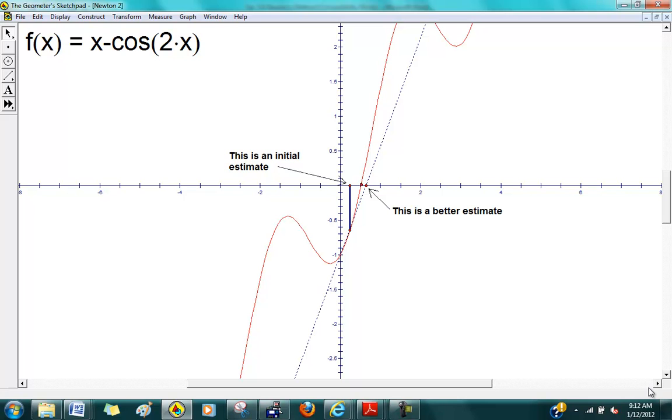So what he suggested is take that initial estimate that you had, find that x value on the graph, and draw a tangent line at that point. So here's your tangent line. Then what he proposed was that, hey, this is a better answer. This is closer to where I want it to be than where I started.